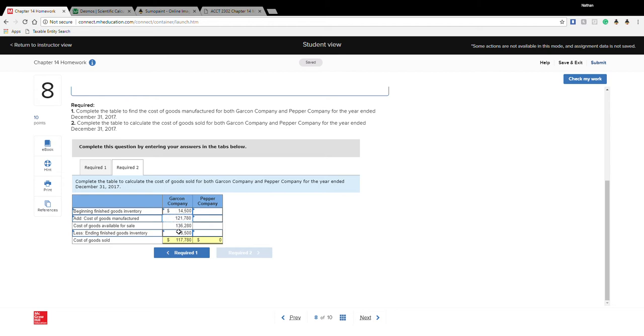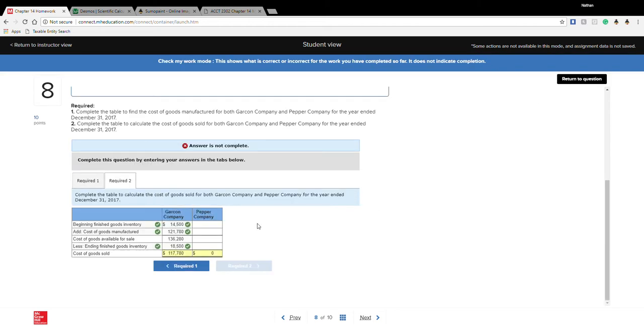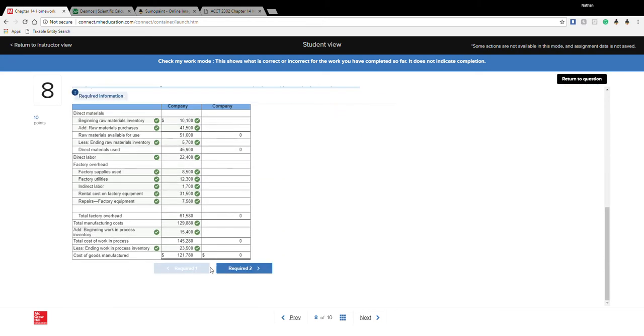And then it fills out the remaining amount, and we should have cost of goods sold of 117,780. So again, check my work. We find out everything's correct. Again, it's saying answer is not complete because I'm not doing the other half. But once you get everything done, make sure it says answer is complete. And again, this is a good way to check your cost of goods manufactured if you want to, because you have to take it from required 1.